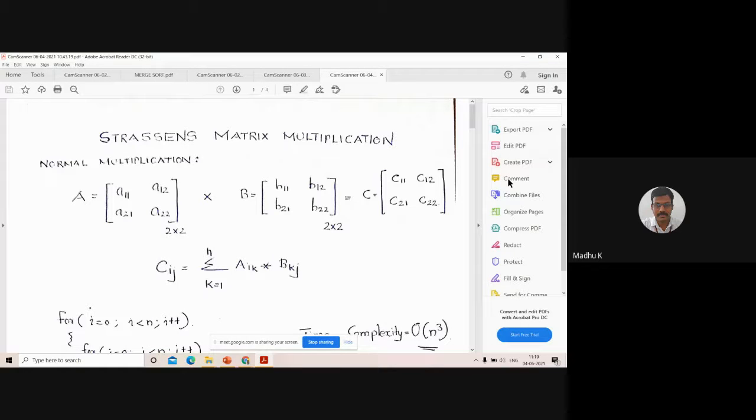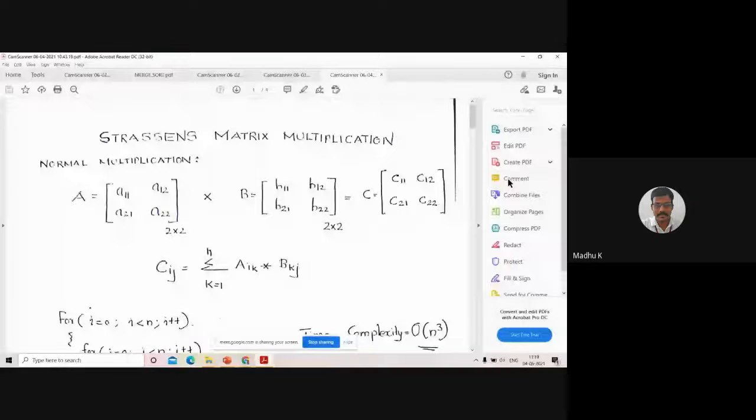Here, first we want to discuss normal matrix multiplication. How can we perform matrix multiplication of two square matrices of the same order? That we want to discuss at first.